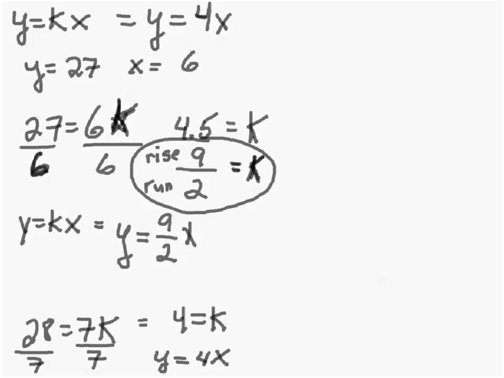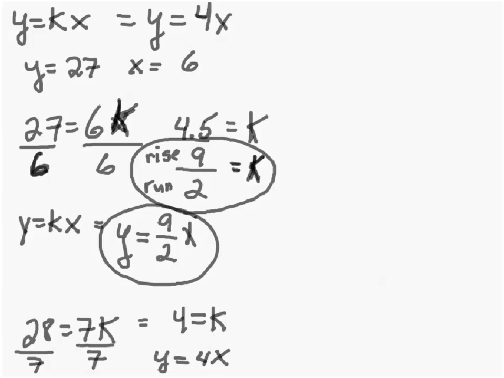We're keeping it in fraction form. 9 over 2. Right. So we have y equals 9 over 2 x. And that's the direct variation equation. All right. Okay. So that is that.